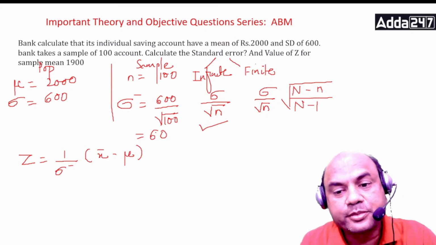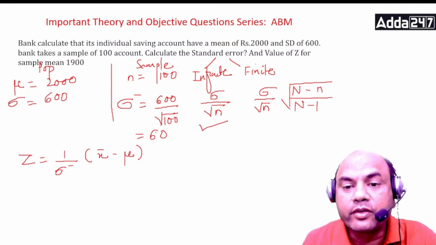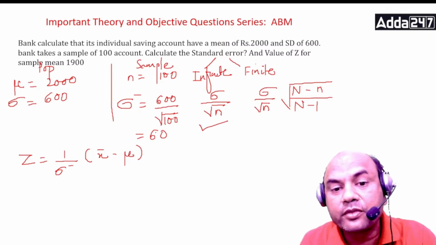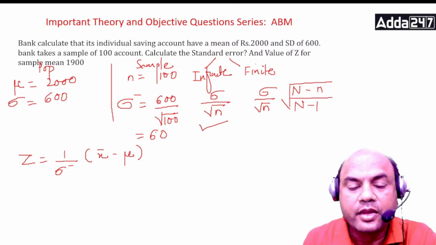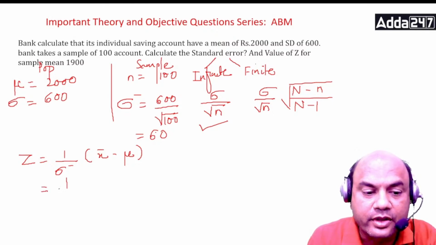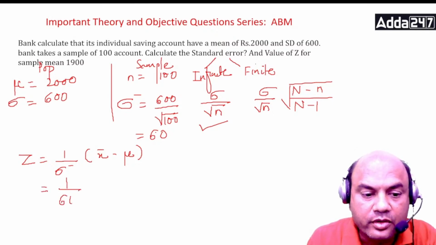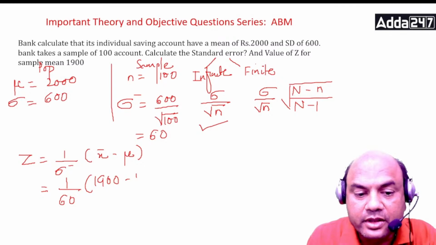Here the x bar will be given in the exam. See this, I have added this point: find the value of Z for the sample mean of 1900. So x bar is always the sample mean. So in our case, x bar is 1900. The solution will be like this: 1 upon 60, into 1900 minus mu, which is 2000, the population mean.